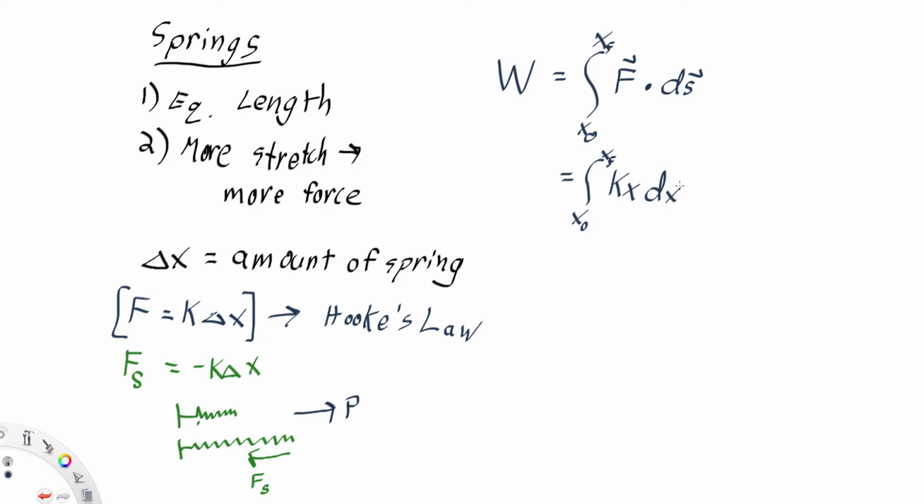Also notice that we took this dot product down to a scalar product because the force that we're exerting on the spring is parallel to the direction in which we are stretching it. So since they're parallel, F dot ds is the same as just F ds.